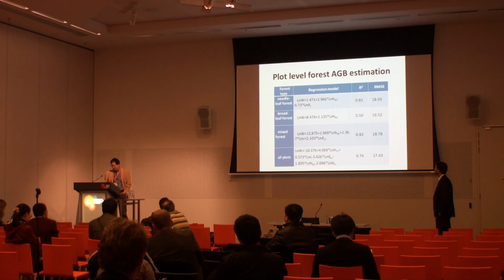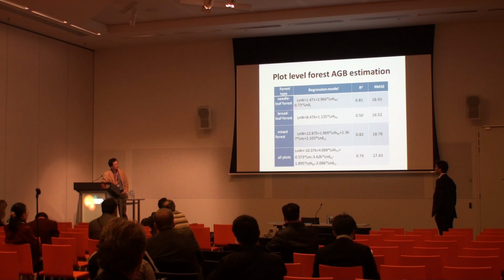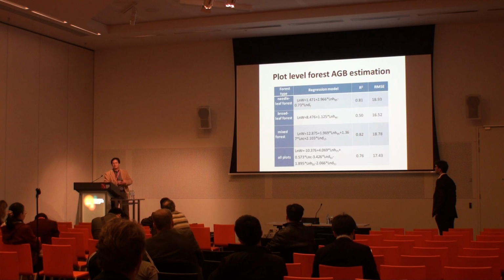For the airborne LiDAR estimation, we have tried to separate these different forest types and also combine them all. Even combining them all still gives us a pretty good estimation. So when we build a model for the airborne LiDAR data, we just use all the forests.